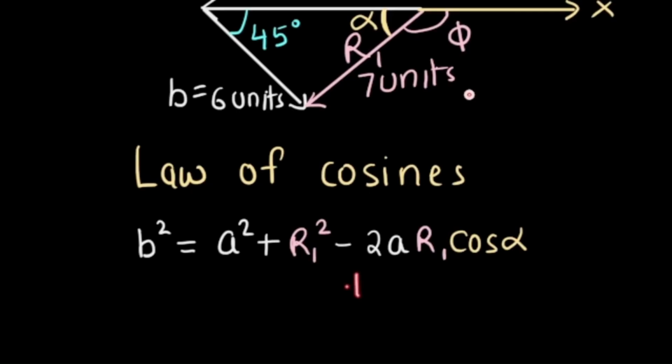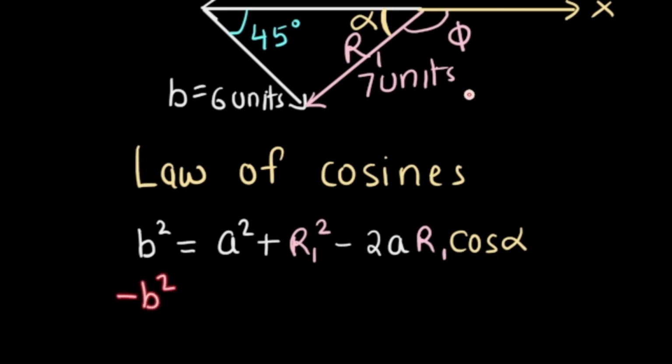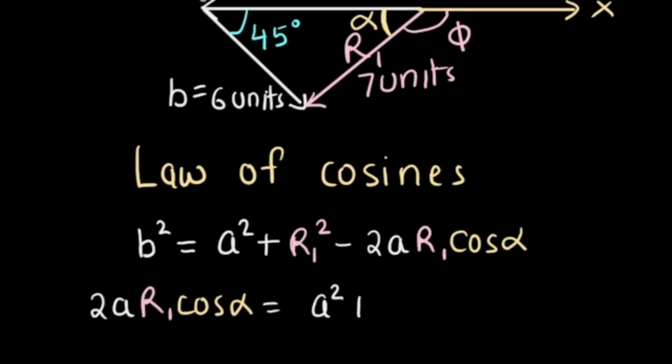For that, we are going to add 2 a r1 cosine alpha to both sides of this equation. And not just that, we're going to subtract b squared from both sides of the equation. And when we do so, what do we get? We get 2 a r1 cosine alpha equals a squared plus r1 squared minus b squared.